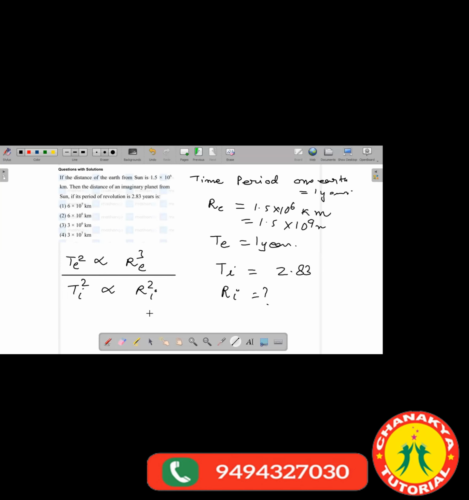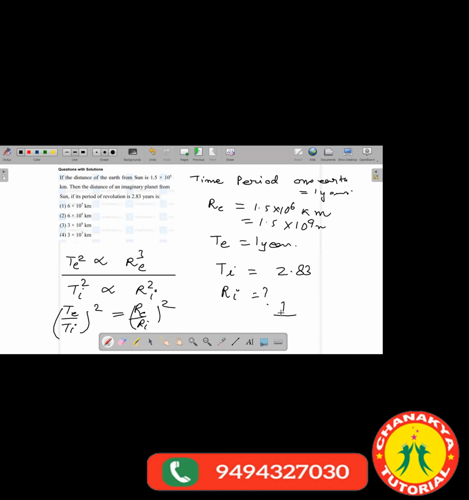By dividing, the constants will get cancelled, and you will have Te over Ti, whole square, equals Re over Ri, whole cube. Now, just by putting the values, we can get the answer. Te, the time period of Earth, is 1 year.